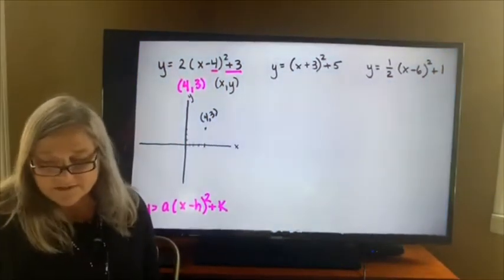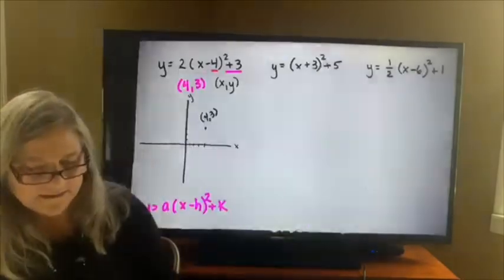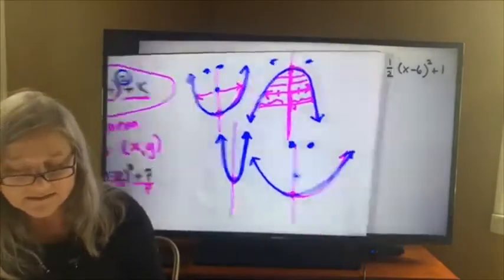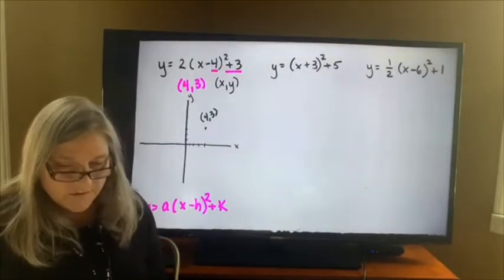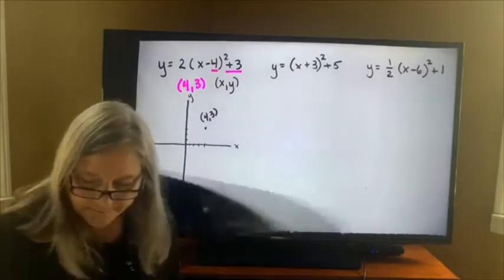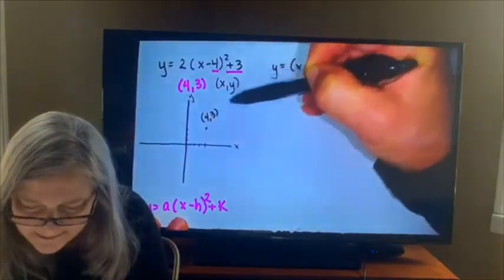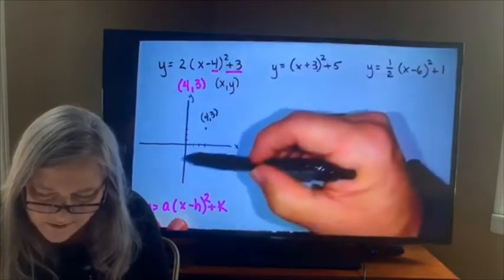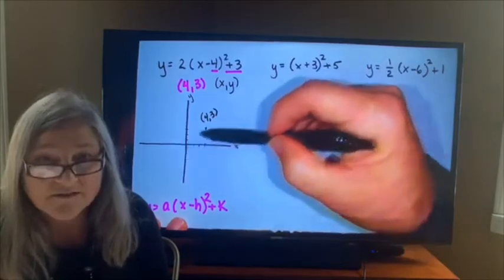So we know, because of our other parabolas that we just kind of drew, that that point, that vertex, is going to be the point of the change in direction. So we know that the parabola is going to either open up like this, or it's going to open down like this. It'll open either up or down.